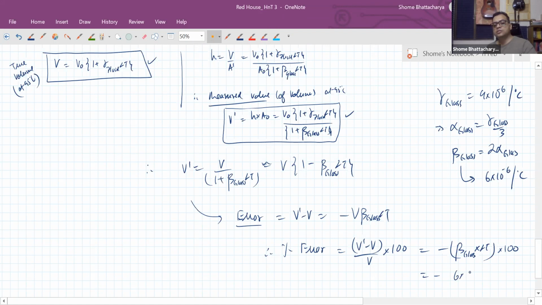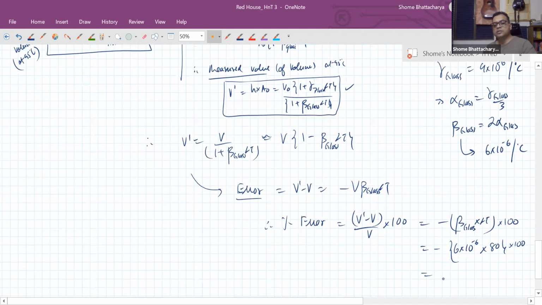So this is into temperature change, which was 80, into 100. So you can see that this will give us 4.8, a percentage error of minus of 4.8 into 10 raised power. How much will this become? Minus 6 plus 2, so that's minus 4 minus 2.